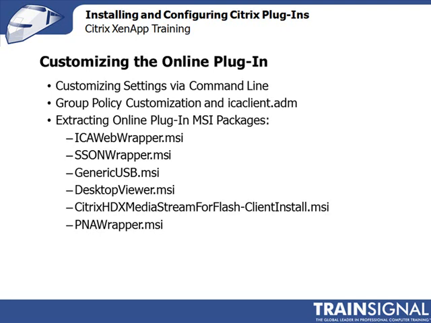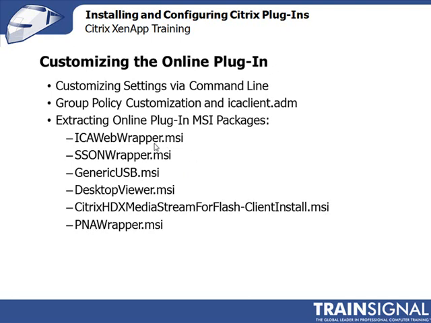Now, the other thing to pay attention to is that the online plugin, while it's an executable, is a collection of MSI files. And as you'll see here, these are the MSI files that exist within the executable of the online plugin. There's no reason why you can't extract the online plugin executable and install these MSI packages individually.